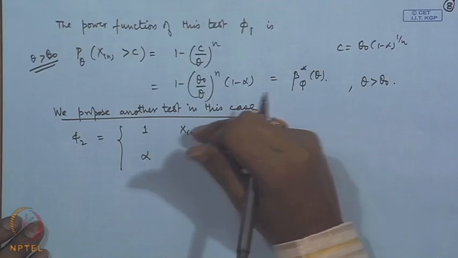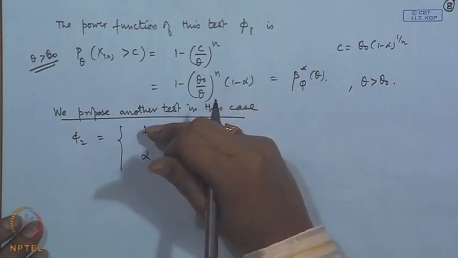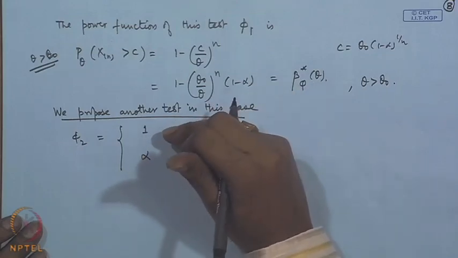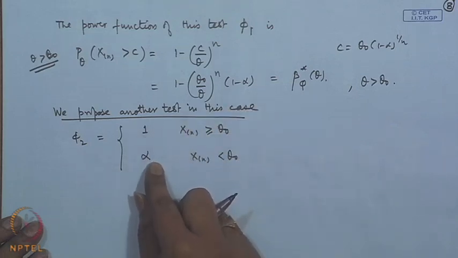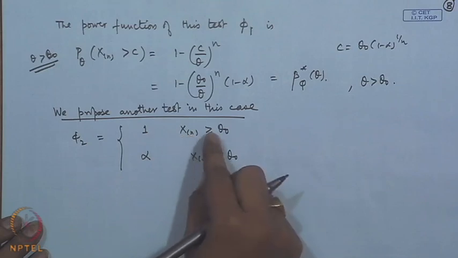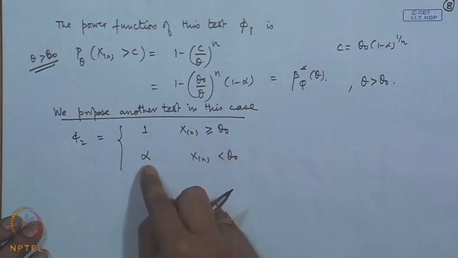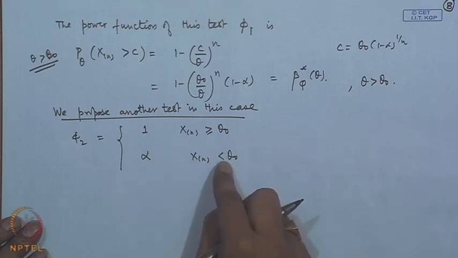Notice the difference here. In the previous case, I was only rejecting or accepting, that means, it was a non randomized test, but this particular test is a randomized test, because I am rejecting if x n is greater than or equal to theta naught, but I am also rejecting with probability alpha if x n is less than theta naught.